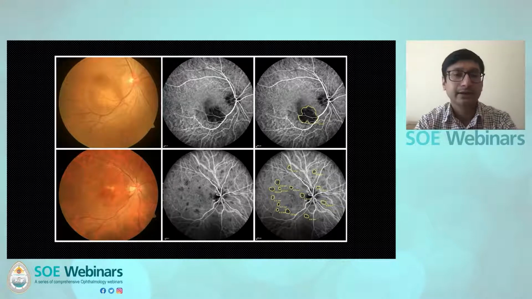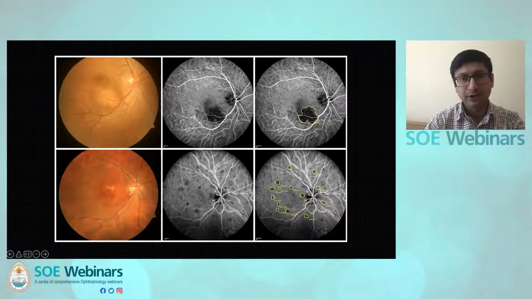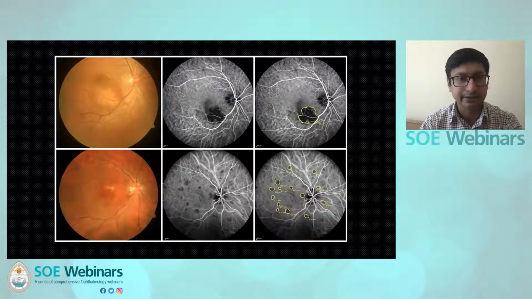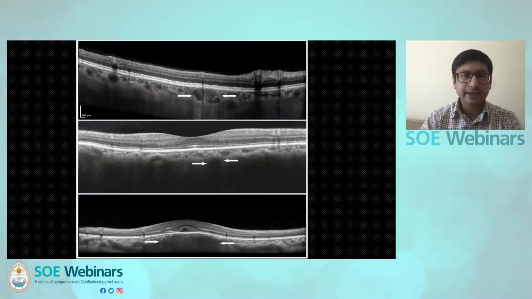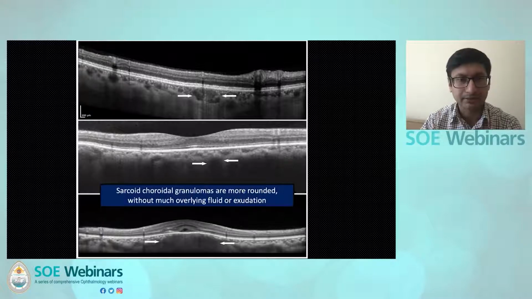And that's why if you really want to study the choroid, OCT angiography, EDI-OCT, and ICG are the most important aspects. And you see these multiple choroidal granulomas, and this multiplicity goes in favor of sarcoidosis. So if you have multiple small lesions, highly characteristic of sarcoid. EDI-OCT again shows you a well-circumscribed oval lesion in the choroid with little amount of subretinal fluid.